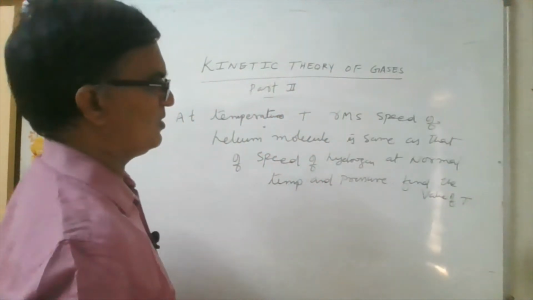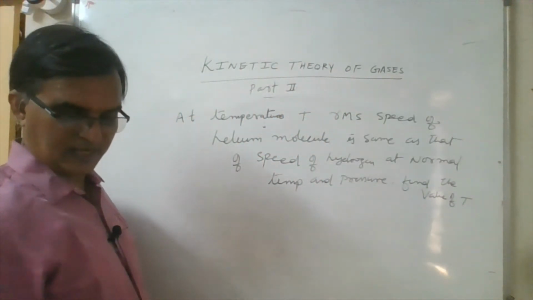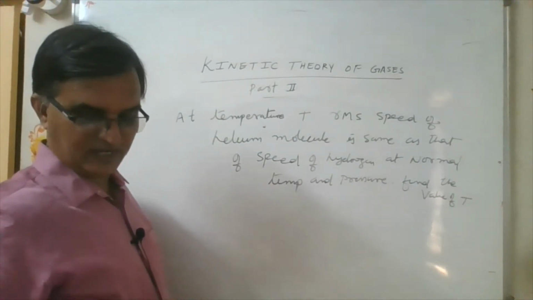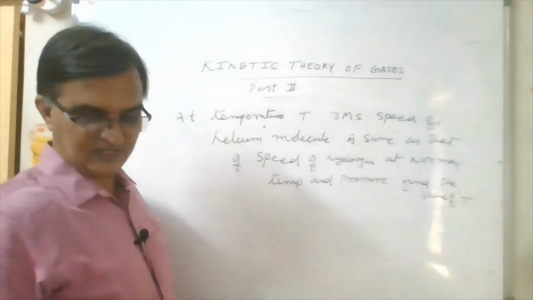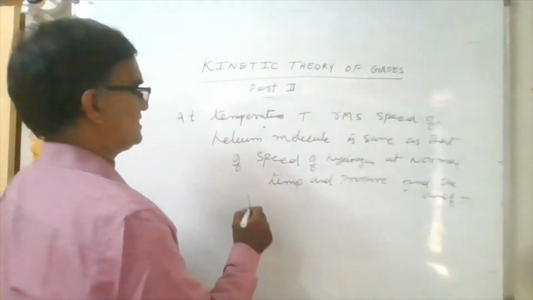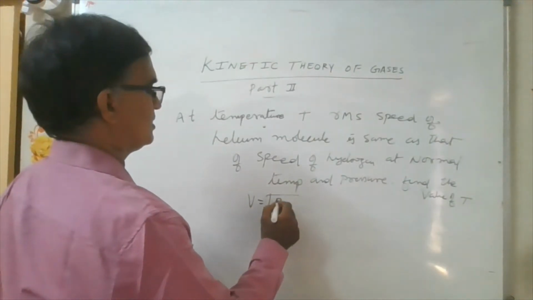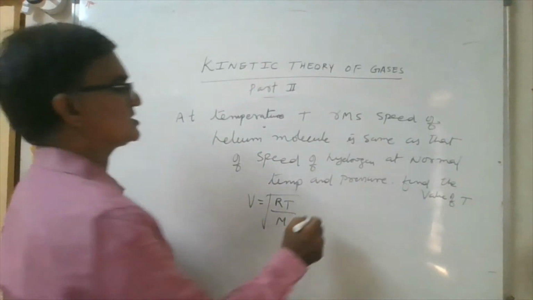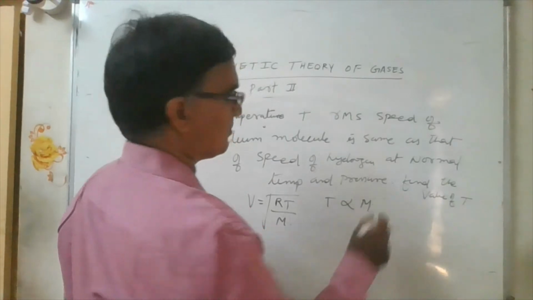Now you know here they are directly proportional. Both RMS velocities are the same. VRMS is equal to under root RT by M. So if VRMS is constant, T is directly proportional to M, molecular weight only.